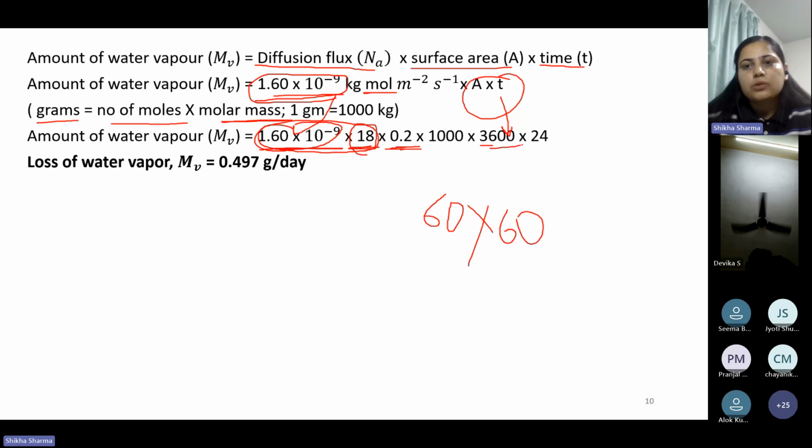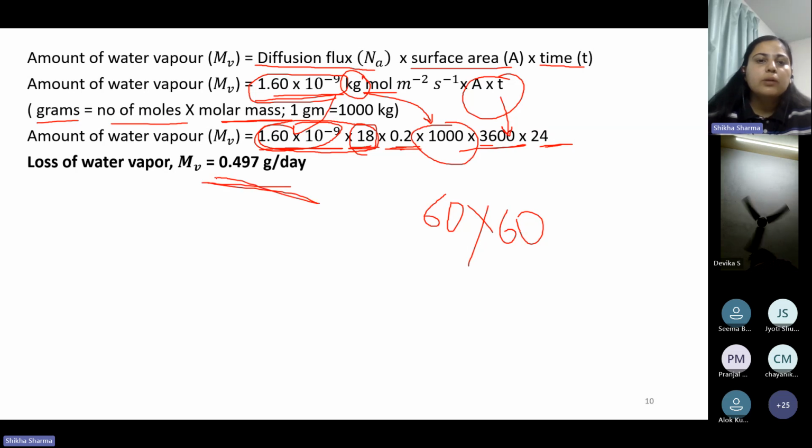So 3600 into 24, and this 1000 is because this is kg mole, so we need to convert into grams. So multiply with 1000. So when we solve this, the loss of the water vapor will be 0.497 grams per day.